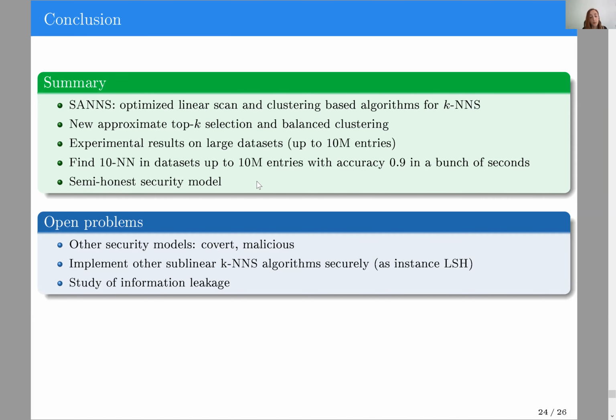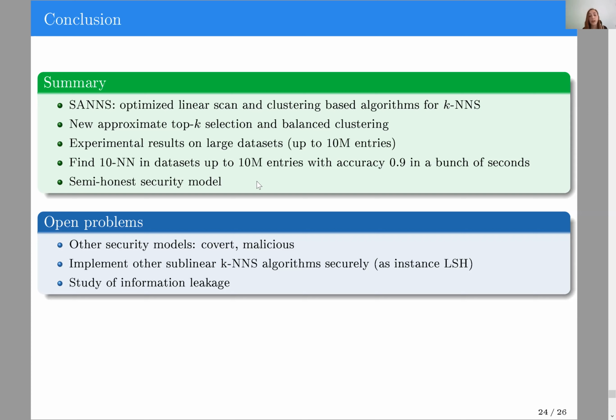And the last open problem, something that we would like to study and didn't have time for in this paper, is to study in more detail the leakage of our algorithm. We would like to see if giving queries back will reveal more than simply the result, or something more about the database.